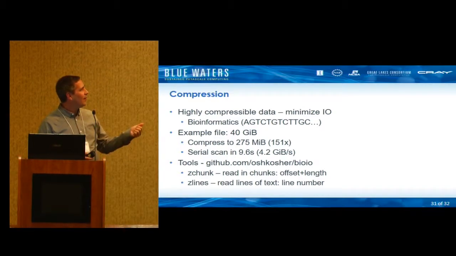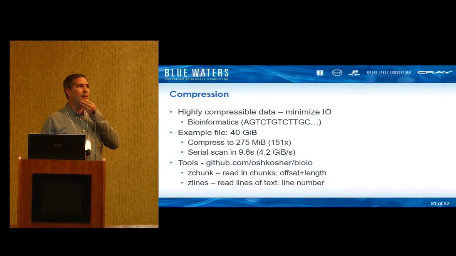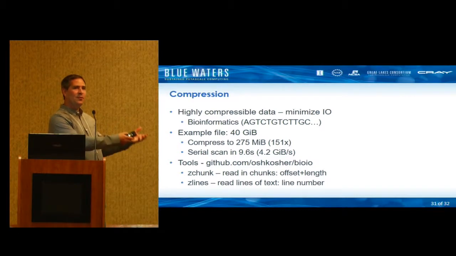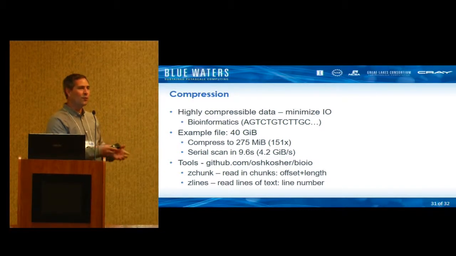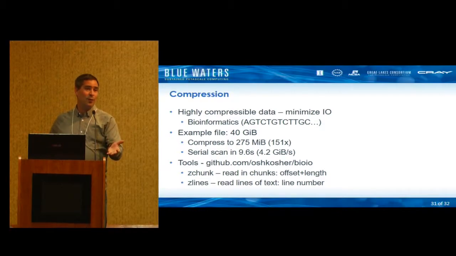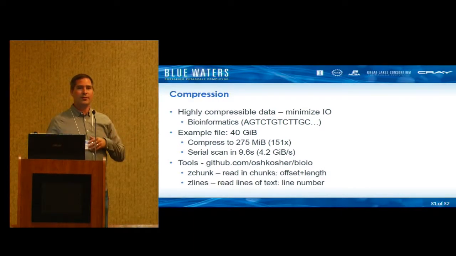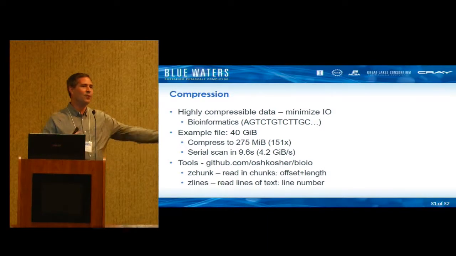I had a sample data file that was 40 gigs originally, and I think I used Facebook's Zstandard compression algorithm and got it down to 275 megabytes, so about a 150x shrink. With my laptop, I can do a serial scan of that file in 9.5 seconds. So this isn't necessarily improving your Blue Waters project, but it makes it so you can sometimes take your Blue Waters data and run it on your laptop. I can see a situation where it might take 2 hours to run on your laptop, 2 minutes on Blue Waters, but you get to save the 2 hours you would sit in the batch queue.